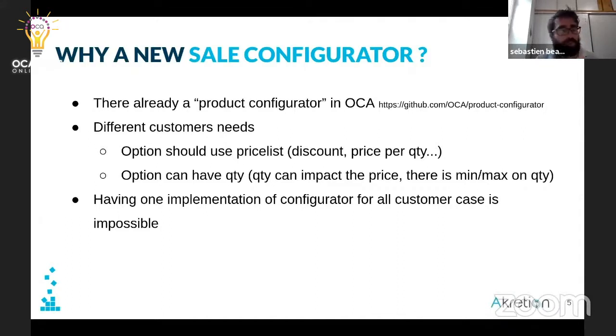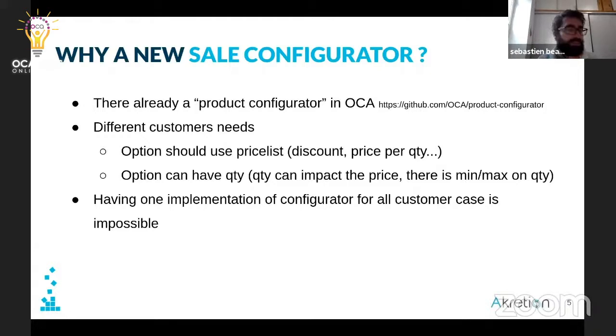You can have a price per quantity. You can also have a quantity on an option, and with the product configurator it's hard to say I'm going to put some quantity on it, and this quantity can have an impact on the price. You can have min-max quantity. I think it's not really easy to have one configurator that works for all customer cases.